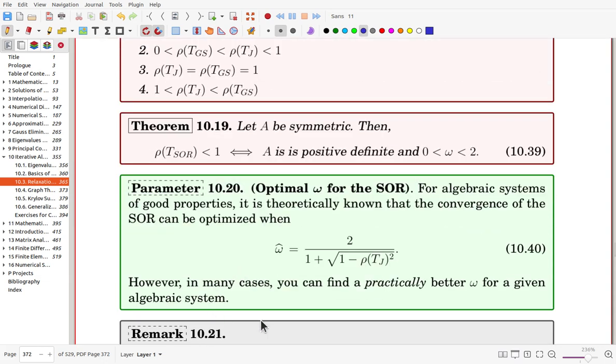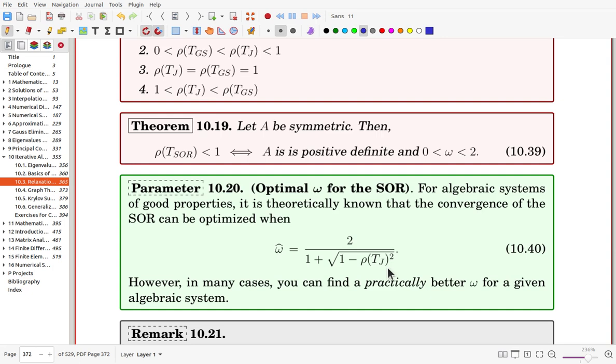Now we have the optimal omega for the SOR, successive over-relaxation. For algebraic systems with good properties, it is theoretically known that the convergence of the SOR can be optimized when omega hat is chosen by this formula. The SOR iteration matrix is not simple.